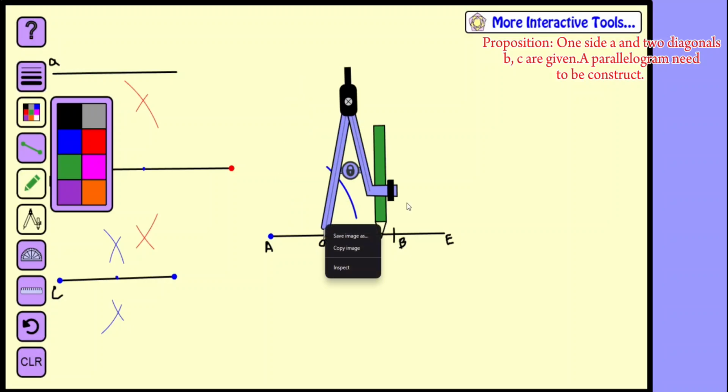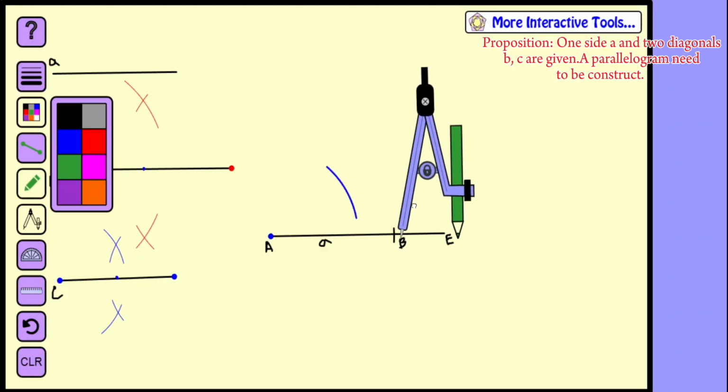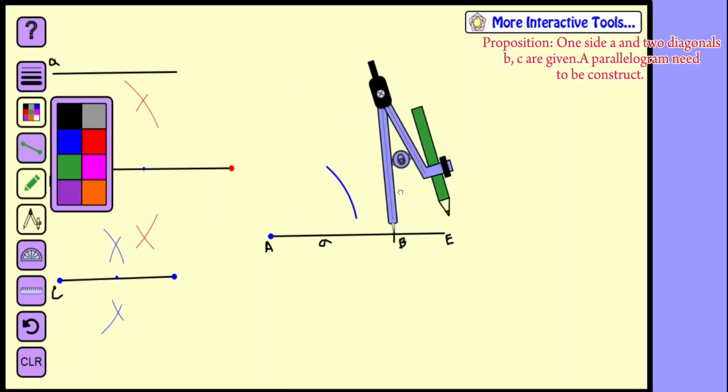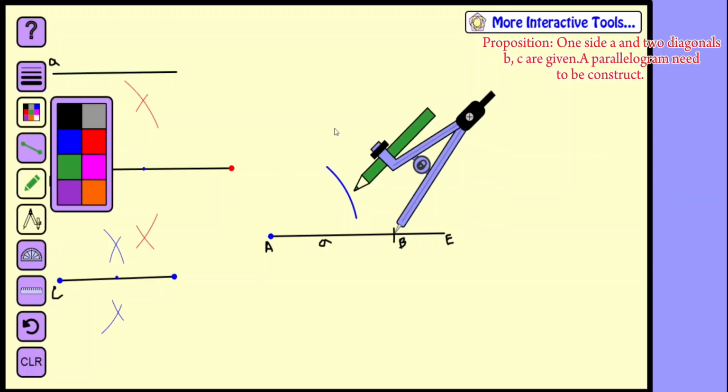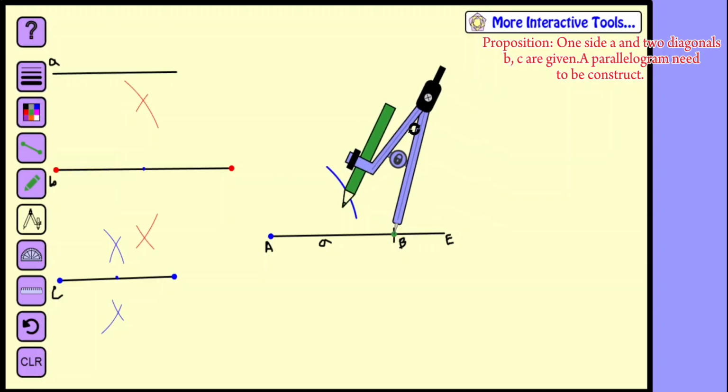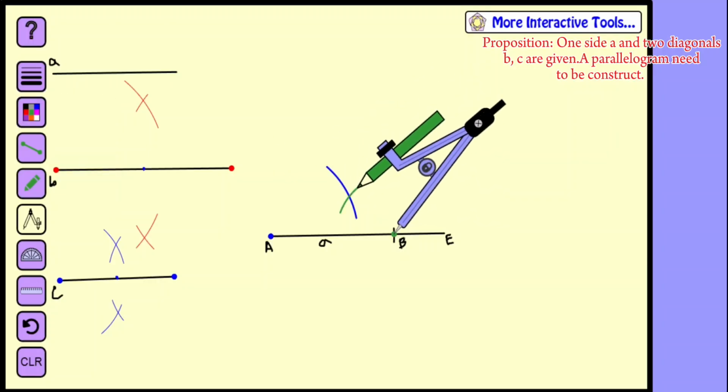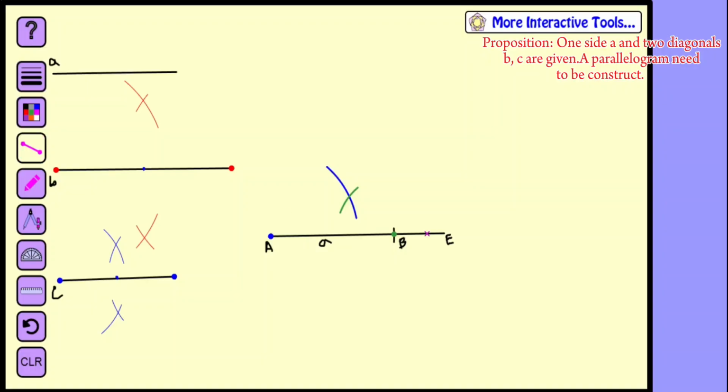Put your pencil compass on the B point, and if you draw an arc on the upper side of AB, you can see this arc will intersect the previous arc at a point, and it looks like a cross shape. That means we got the intersecting point of the two arcs.